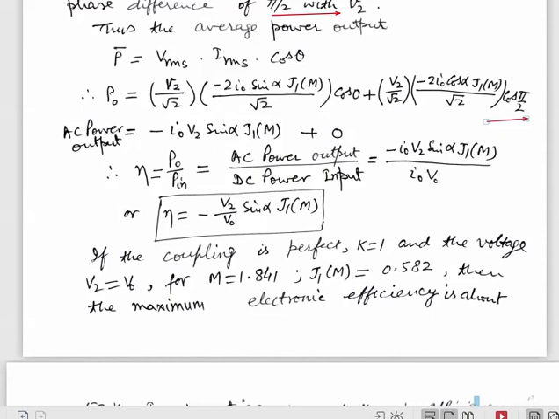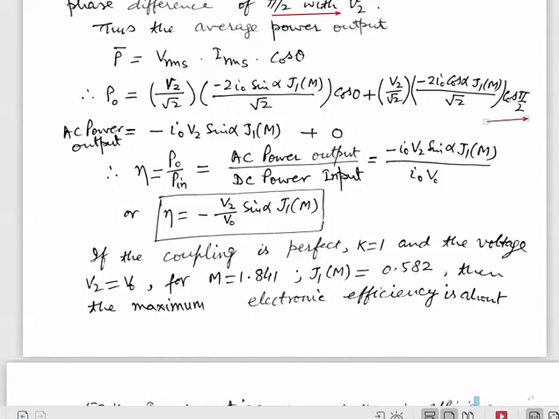Now we define the efficiency, which is the ratio of the AC power output and DC power input. So AC power output is the above average power which we have earlier calculated here, and DC power input is the product of the beam current I0 and the voltage between the cathode and anode, which is V0.